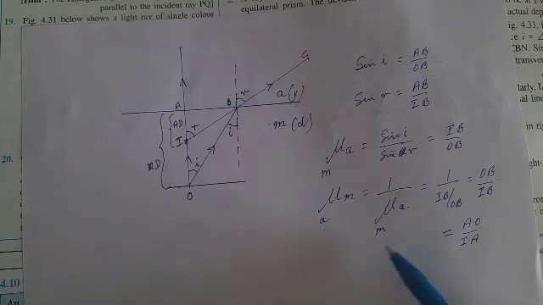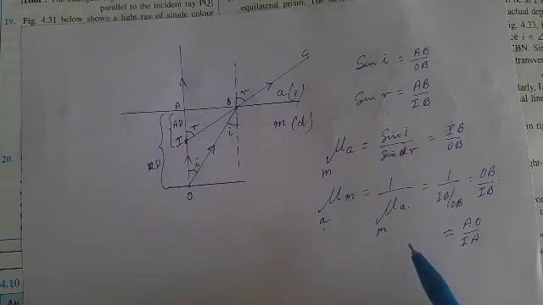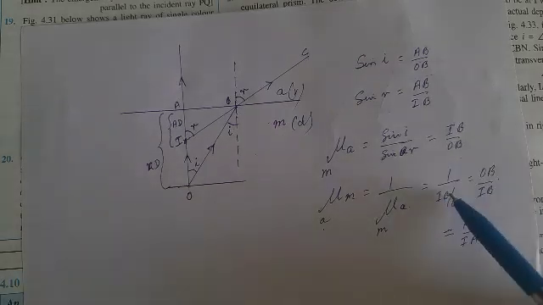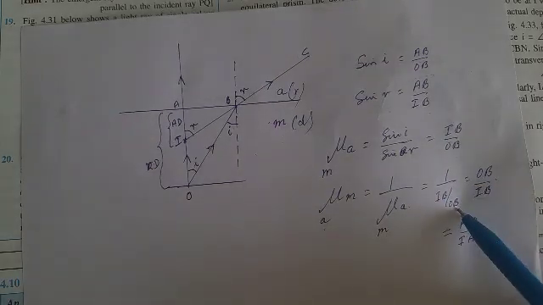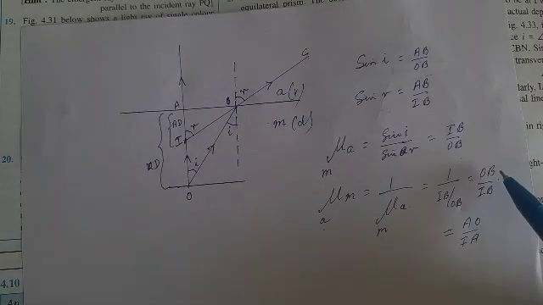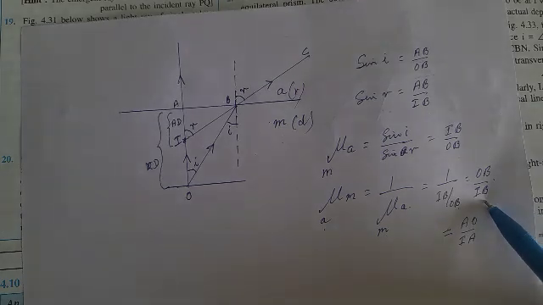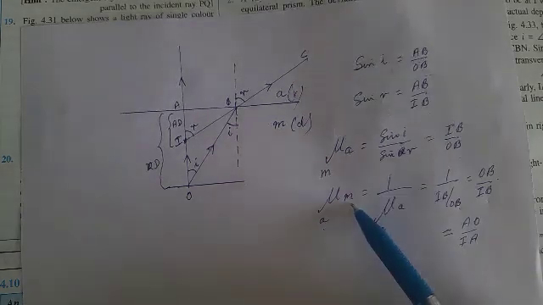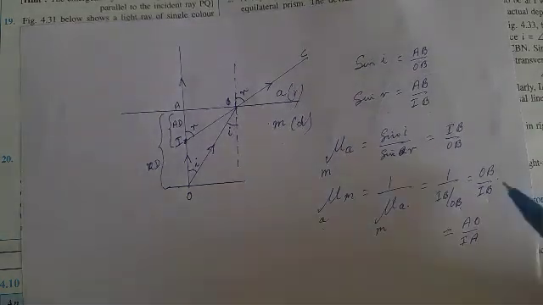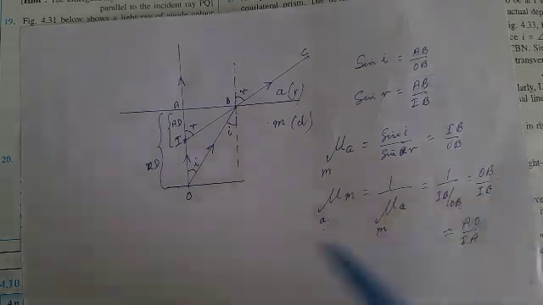That is your principle of reversibility of light. Now this value is, as we have it over here, 1 by IB by OB. So you make a reciprocal, it becomes OB by IB. So refractive index of medium with respect to air is OB by IB.